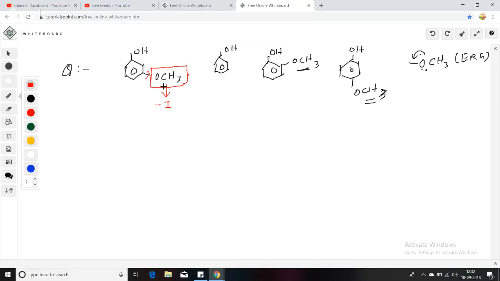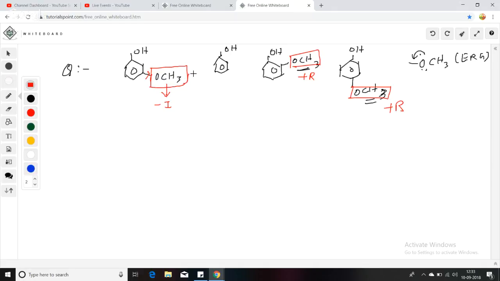So OCH3 shows a minus I effect at the meta position, but at the ortho and para positions it shows a plus R effect. Here it is plus R or plus M, and here also it is plus R or plus M. So these two will decrease the acidity and this will increase the acidity.